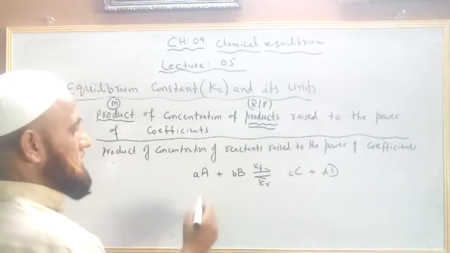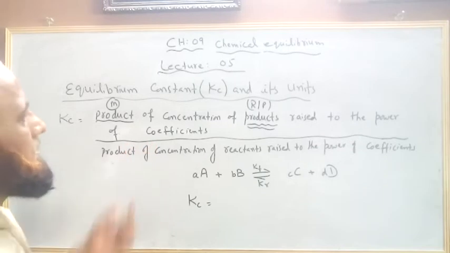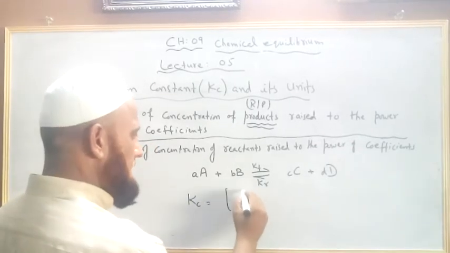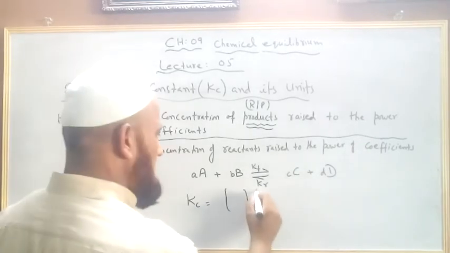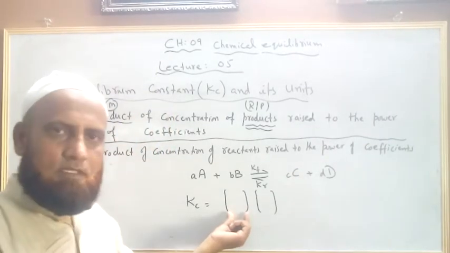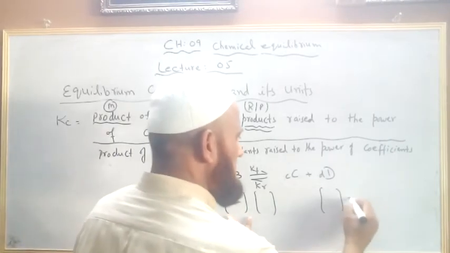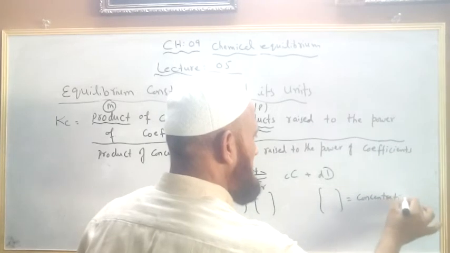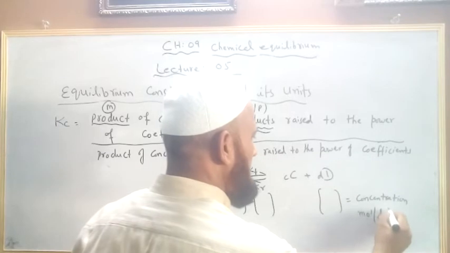Now according to this definition, Kc is equal to product of concentration. You know that for concentration we use this bracket. These square brackets are called concentration, and we use it as mole per dm cube.